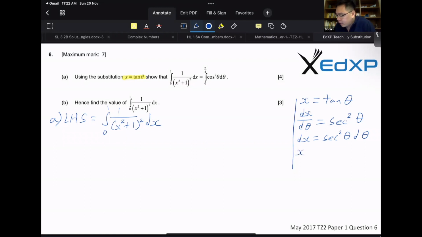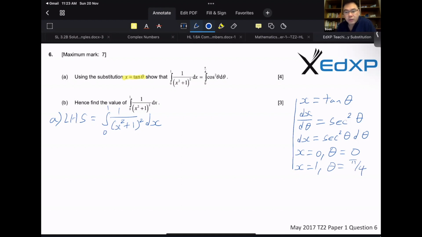So when x is 0, what is theta? From special angles or from the graph, we know that when x is 0, tangent 0 is also 0. So when x is 0, theta is 0. When x is 1, what is theta? From your special angles, you should know that theta is pi over 4. So tangent 45 degrees is 1.